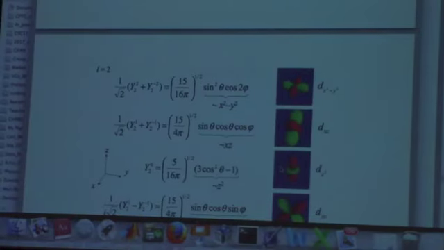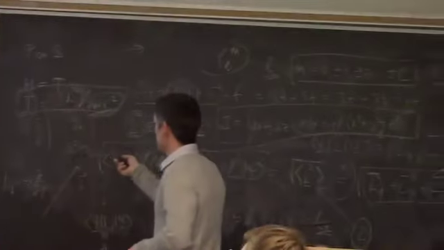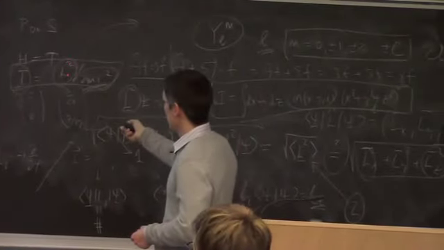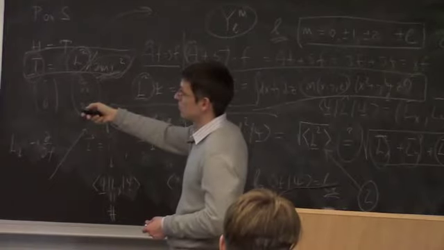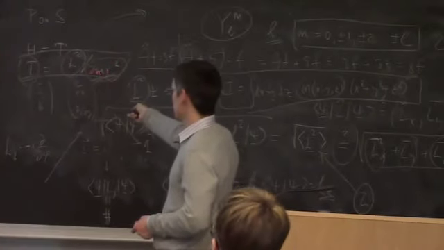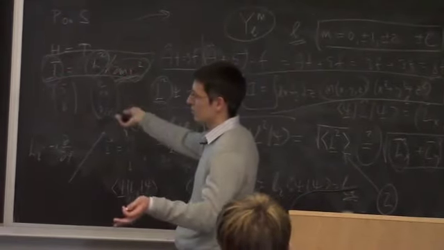By eigenvalues, I mean eigenenergies. In this case, energy depends on L squared, which is essentially L times L plus 1. So L squared is the same, and the radius is fixed, mass is fixed, so the kinetic energy is the same for both of these functions.